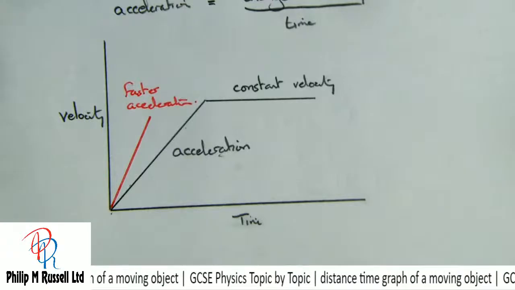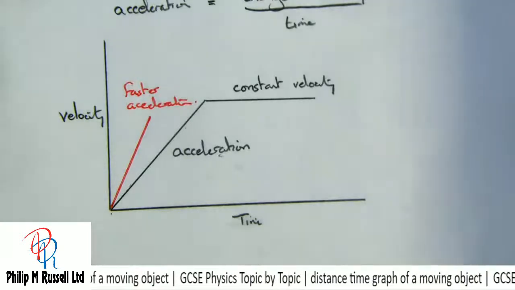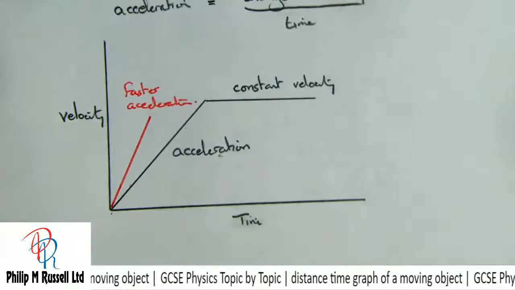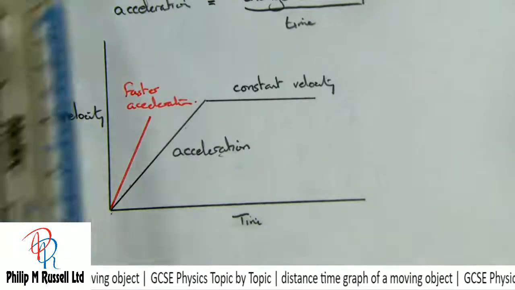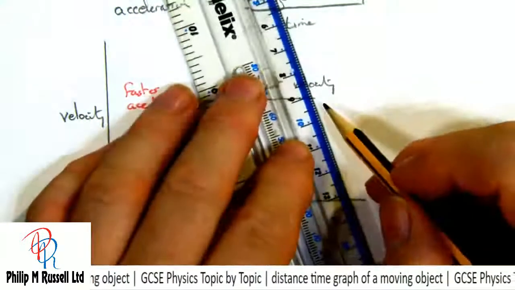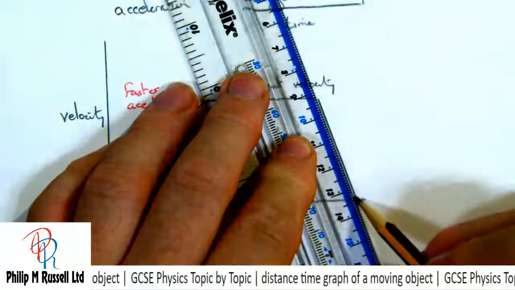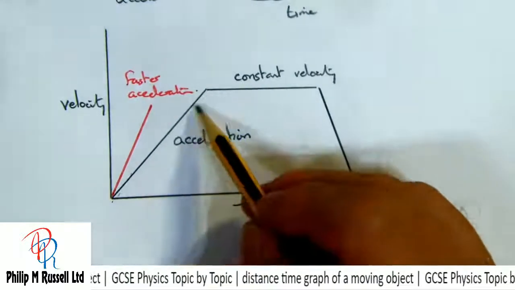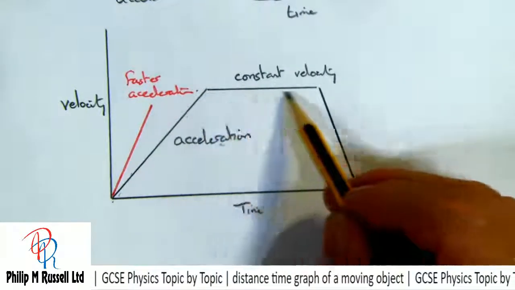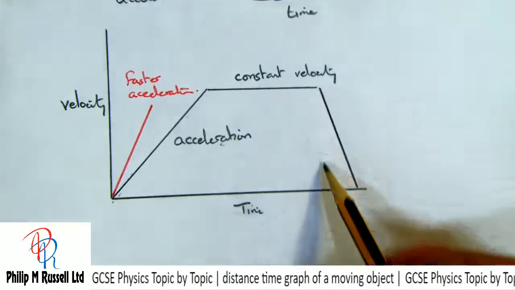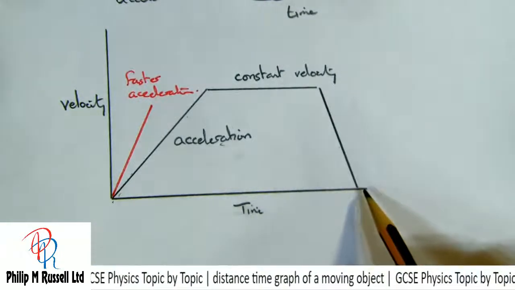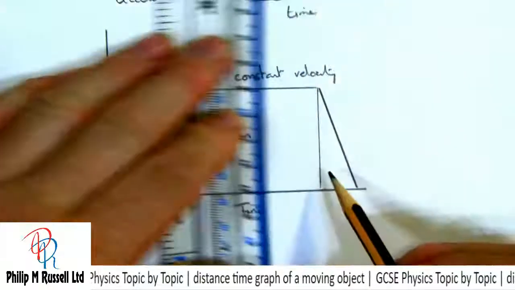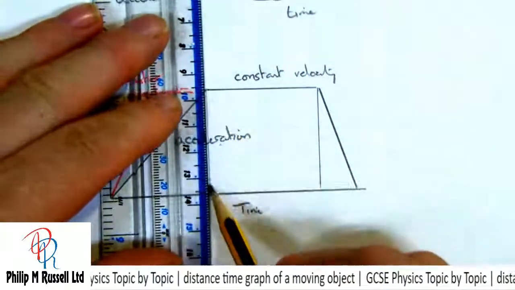One other thing that comes out of these when we start drawing these graphs is the fact that if I take a graph like this, I've got here an acceleration, constant velocity, and here a deceleration. I can divide these up into the different bits.